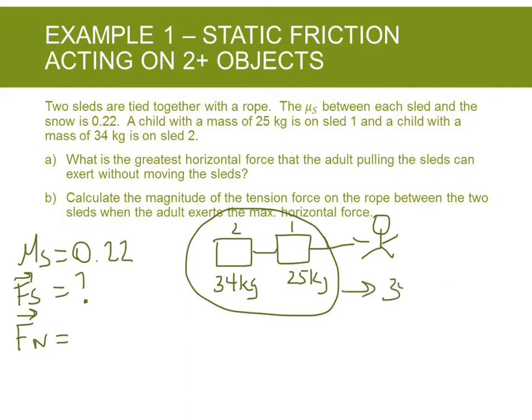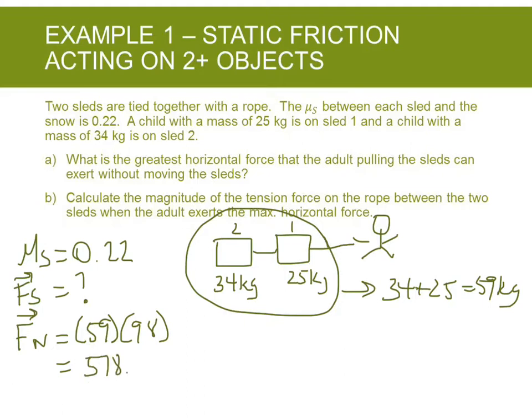So 34 plus 25 is 59 kilograms. When we calculate our normal force, we use 59 times 9.8, so we get a normal force of 578.2 newtons.